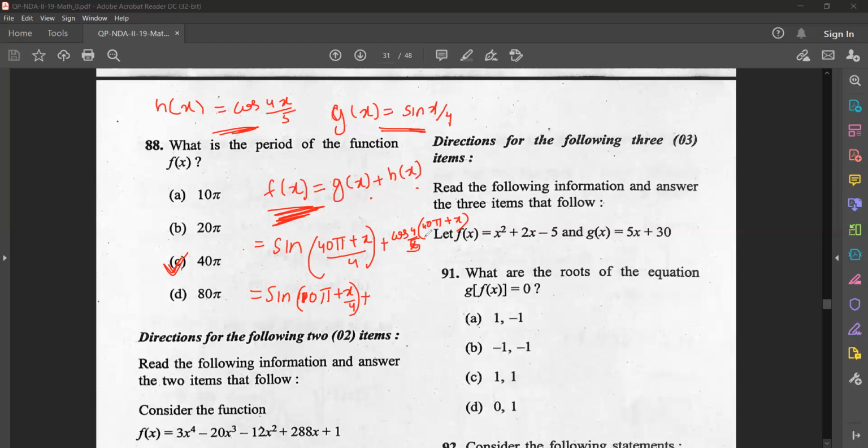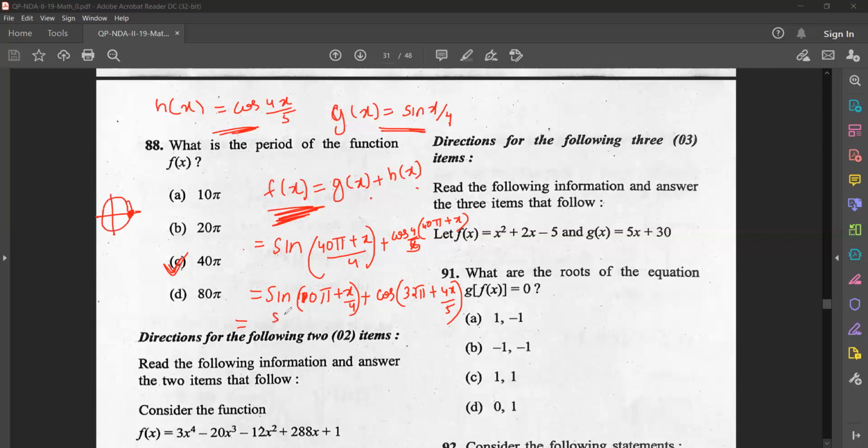5 and 40 will go 8, so 8 into 4 is 32. So that will be cos of 32 pi plus 4x by 5. So it is sin of 10 pi plus x by 4. 2 pi, 4 pi, 6 pi, 8 pi, 10 pi will come here, so the cycle will be repeated after this.